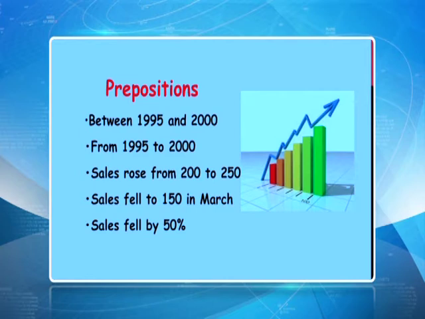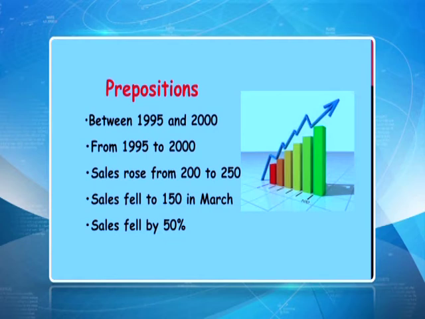Another one is sales. For example, if the chart is talking about sales, we can say sales rose to or from 200 to 250. In other words, we can just change the word from rose to fell if there is a decrease. Sales fell to 150 in March.